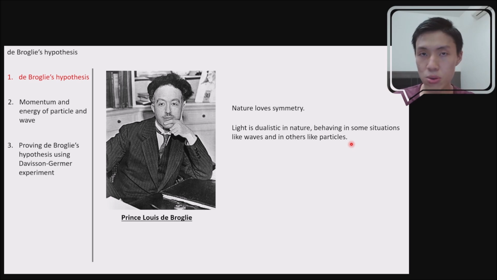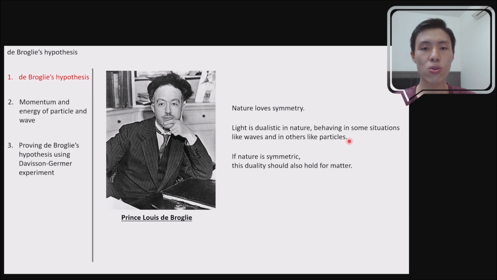But in scenarios involving absorption or emission, we usually talk about it in the form of photons, which are particles. So light has a dualistic nature, because in some situations it behaves like a wave, and in others it behaves like particles.